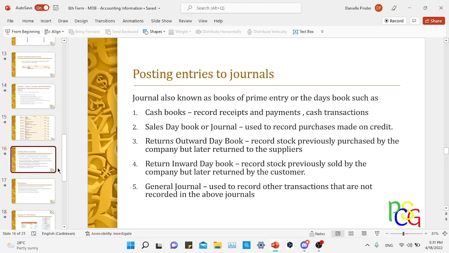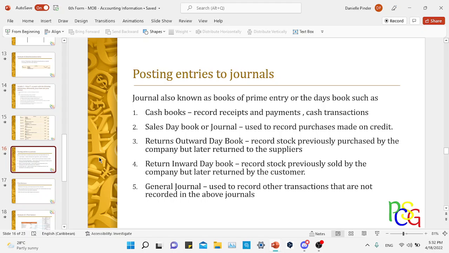And then the last one is just the general journal that is used to record every other transaction that is not recorded in the return book, the sales book, or the cash book, right? It's kind of strange, but that is what was in the textbook, so I just wrote it there.